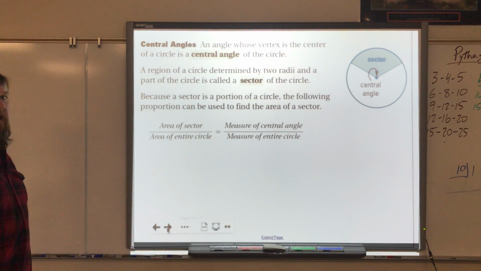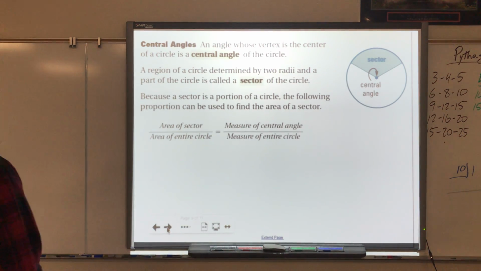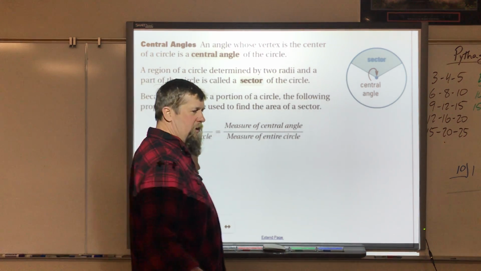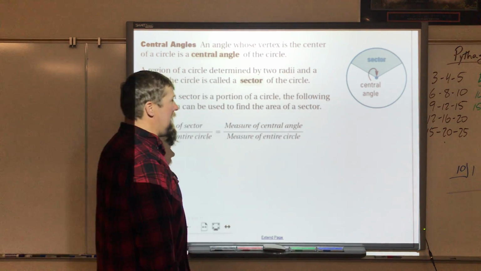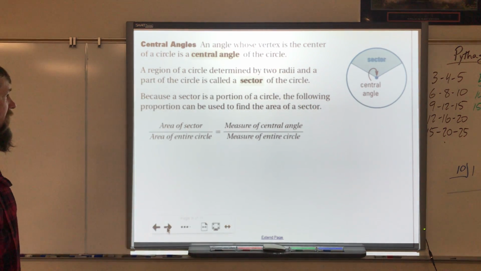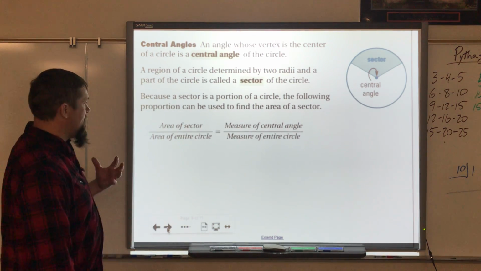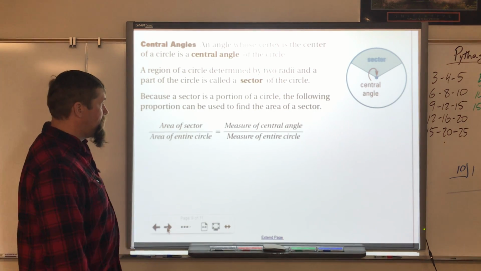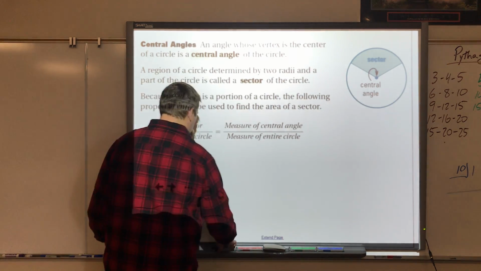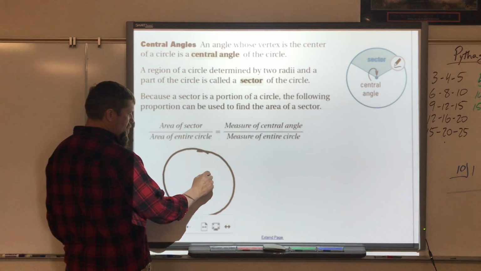All right, now we move on to the last part of this, and that's the part where you're actually finding the area of just a piece of the circle, or a pie-shaped piece of the circle. It's called a sector. The sector is just a portion of it. It's a fraction. Well, what fraction of the circle is it? We know a circle has 360 degrees.